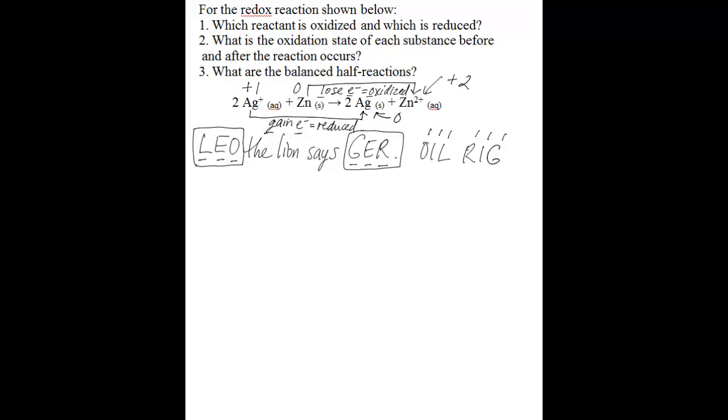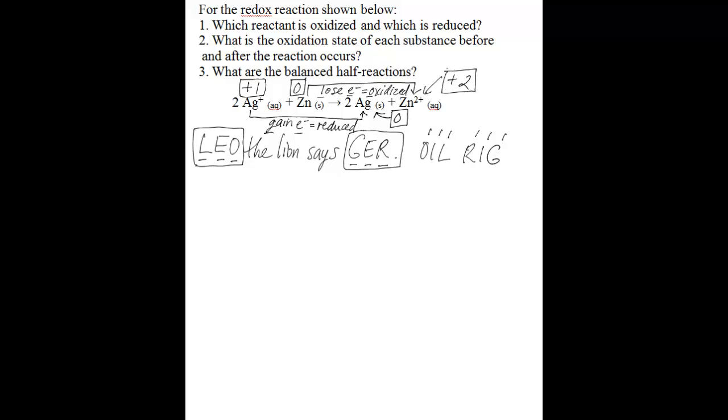So knowing what those oxidation states are can help you figure out what is being reduced and what is being oxidized. So if you look at silver, silver goes from an oxidation state of +1 to an oxidation state of 0. So going from a positive number down to 0 means you're gaining electrons because the charge is being reduced. Those electrons have a negative charge. And then if you look at what's going on with zinc, as a reactant, zinc has an oxidation state of 0, and as a product, zinc has an oxidation state of +2.